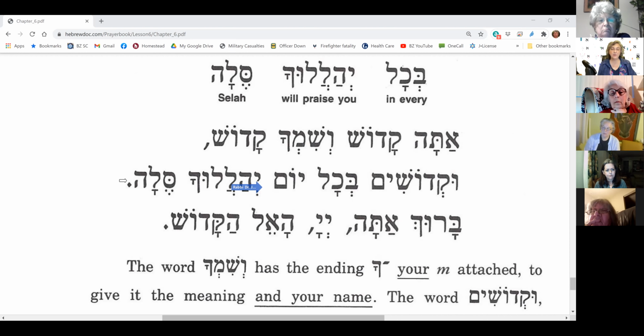And then Selah, however you want to translate Selah. Yehalelucha means they, which is the Yud and the U, and then Halel is praise, and the Cha is you, they will praise you, and then Selah, whatever that means, and Baruch Atah, praised are you, and Atah is masculine and singular, so Baruch is masculine and singular.